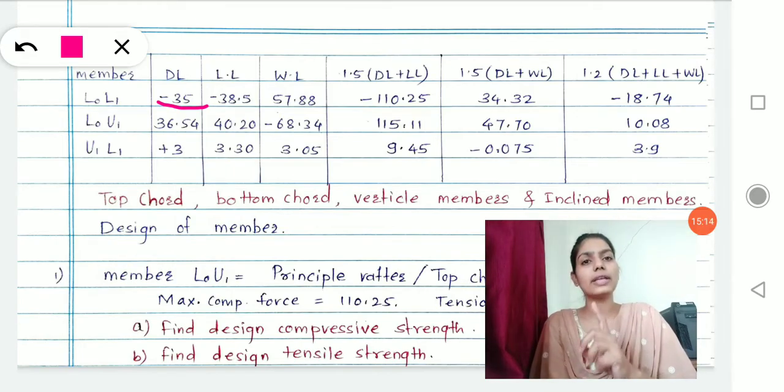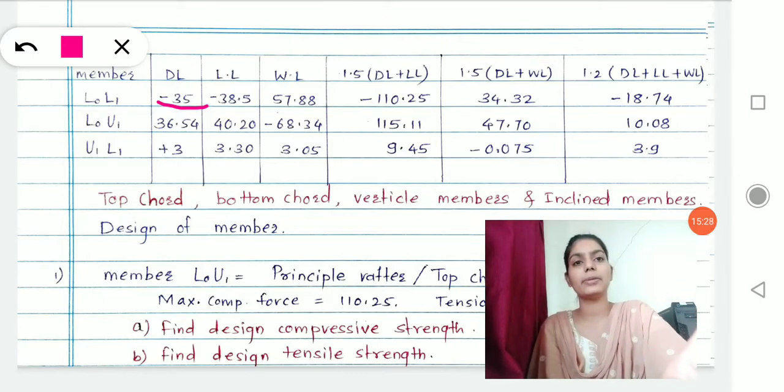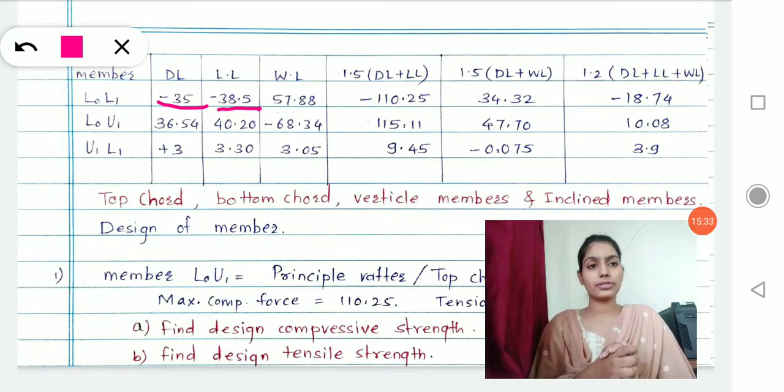So the L0, L1 member carries a negative force of magnitude 35, which is due to dead load. From the live load, if I repeat the analysis, again I got a negative value, which is minus 38.5. That is due to the analysis after imposing the live load on the structure.